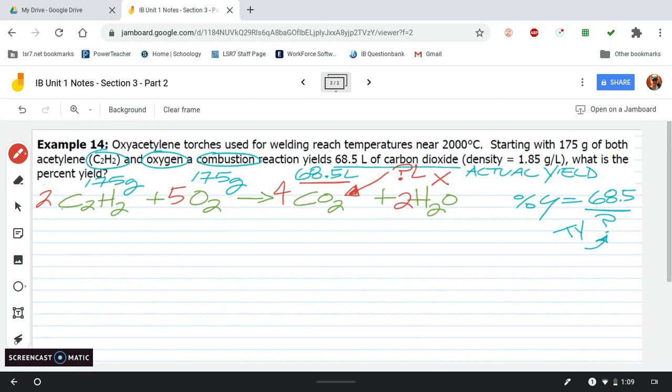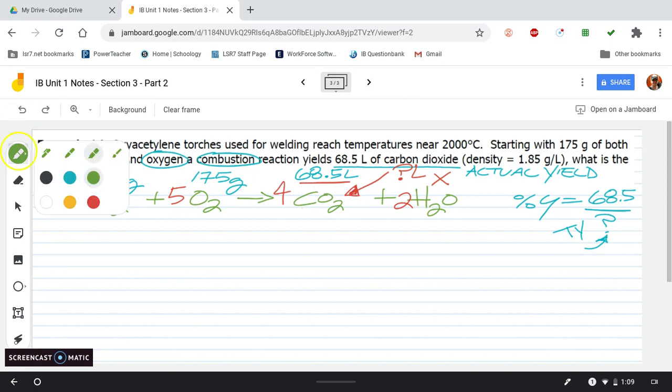Now the water, we're not going to use anything without water, so we put X on top. Now, it's a limiting problem, right? Because we've got two chemicals here, and we're looking for a third. Well, you're going to need to do a limiting problem and then circle the smallest one. So pause the video, give it a whirl, see if you can do the stoich and figure out how much CO2 we were supposed to get.